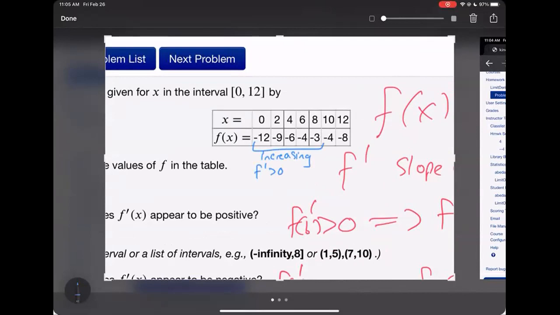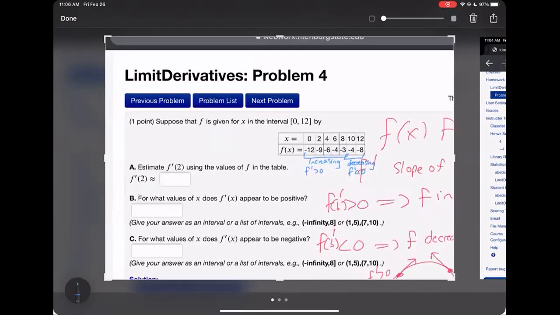But then it goes from -3 and it goes the other way, right? -4, -8, this piece right here would be decreasing. And so the derivative is going to be negative there. And I think that's what the question is asking about. I actually forgot to look at the question, but if I recall, it's asking when is the derivative positive, when is the derivative negative?